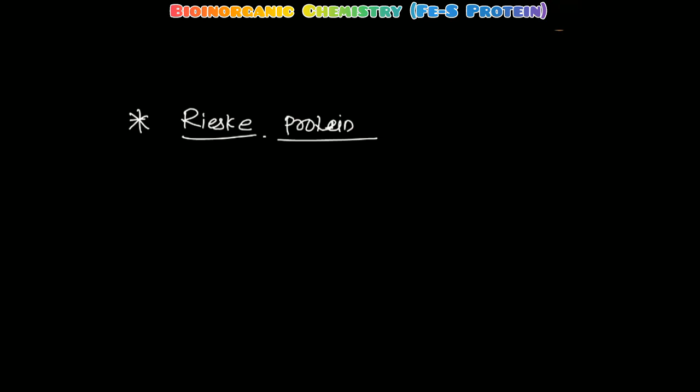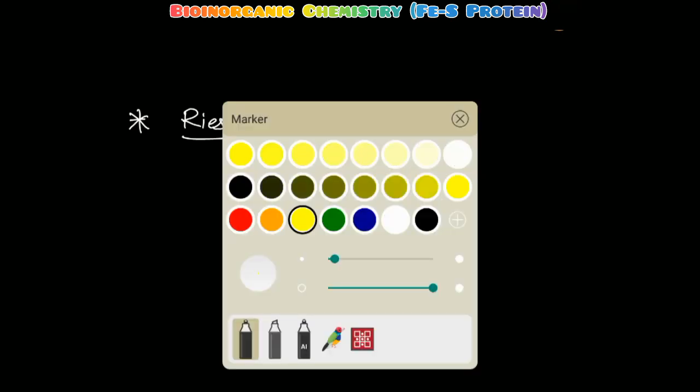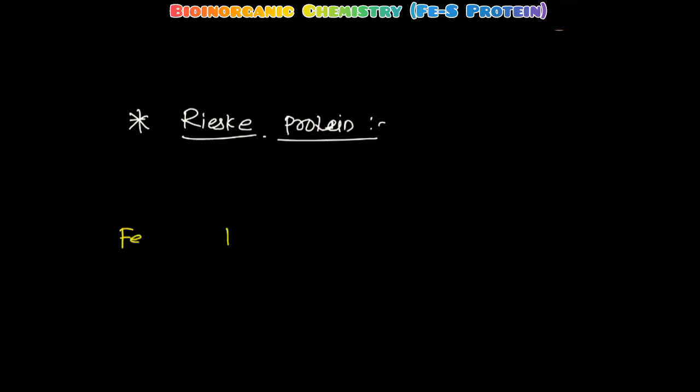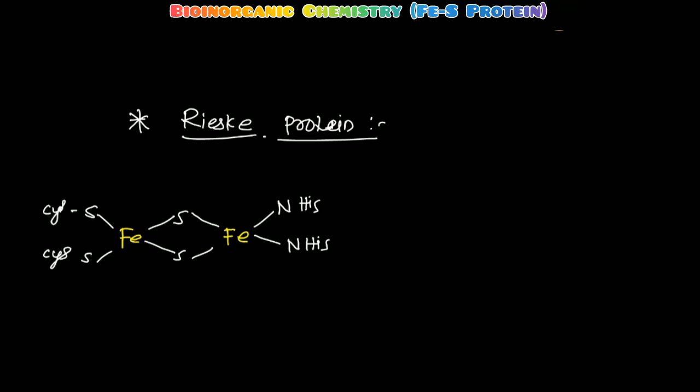Structurally it again has a bitetrahedral geometry where 2 irons are linked with 2 sulfide bridges. One of the irons is coordinated with 2 nitrogen atoms from histidine, and the other coordination sites are from sulfur.